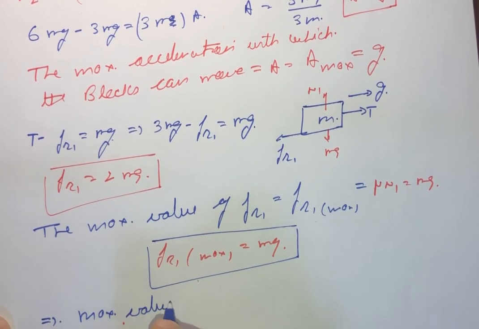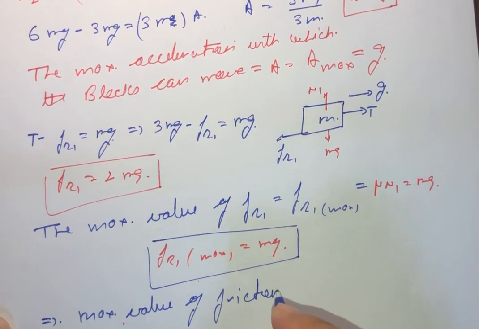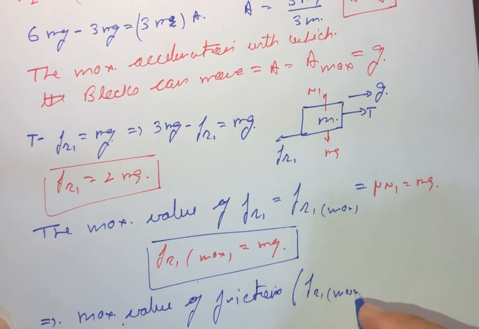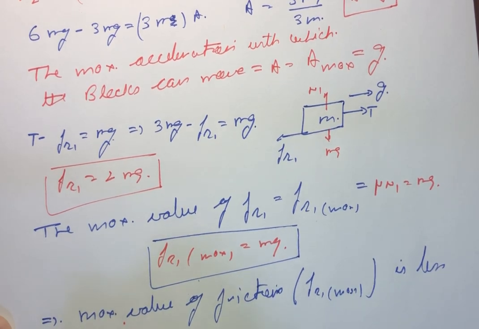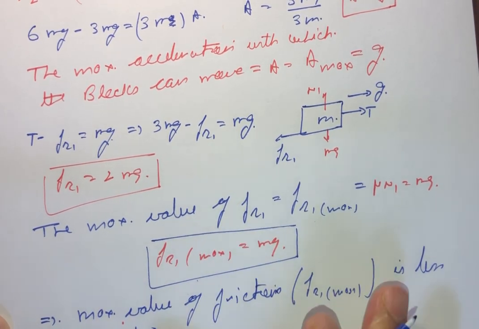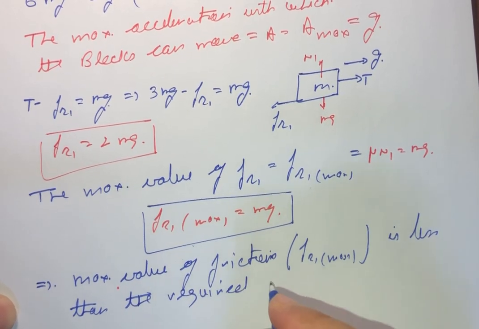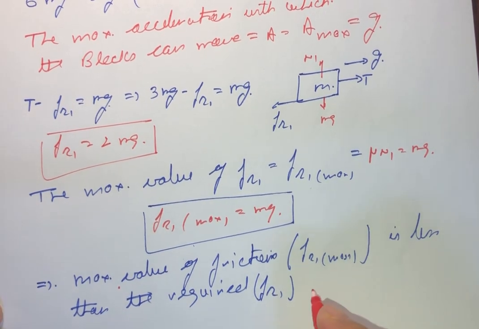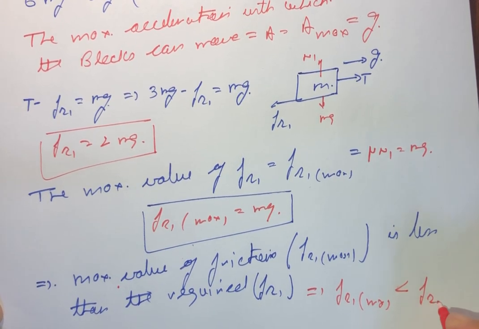So from here we can say that the maximum value of friction, that is FR1 max, is less than the required value, that is FR1. Or we can also write it simply like this, that is FR1 max is less than FR1.